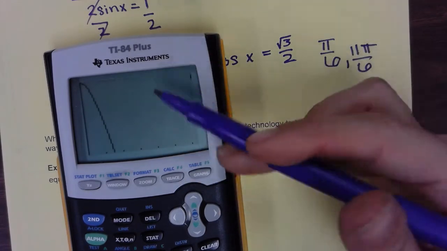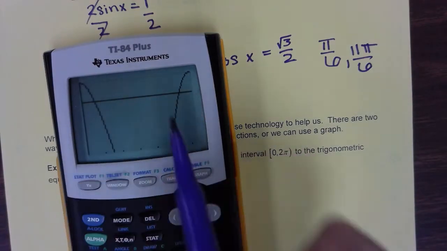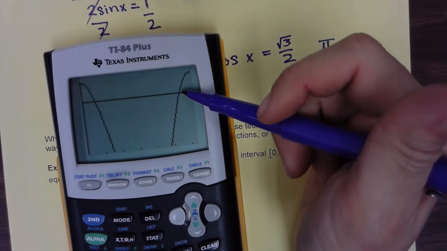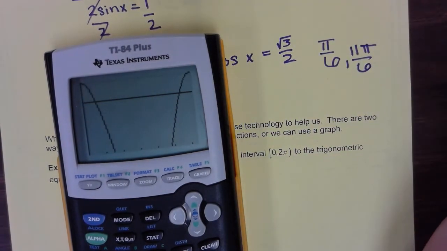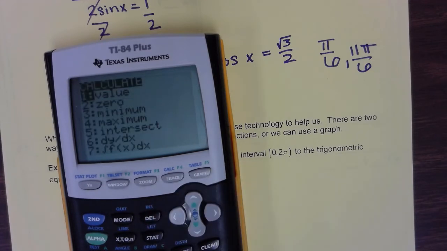There's my cosine. What's graphing right now is my cosine, and there's the 0.75. We want to know when this is true, when they're equal. So we're going to find the intersection: second trace, go down to intersect.